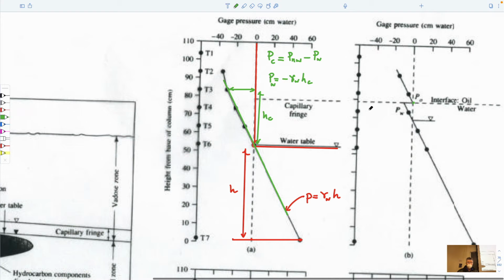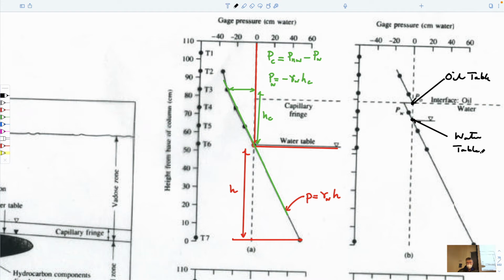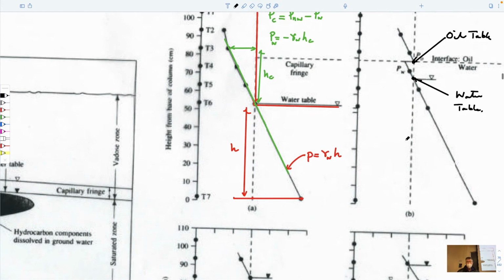So I guess we can describe this as being two things: an oil table and a water table. Interesting terminology for table. All it means is that, by definition, a water table is where the pressure is atmospheric.